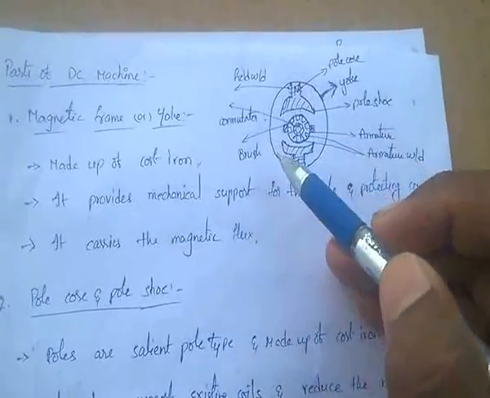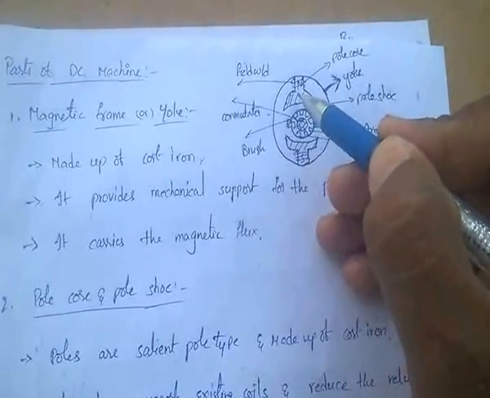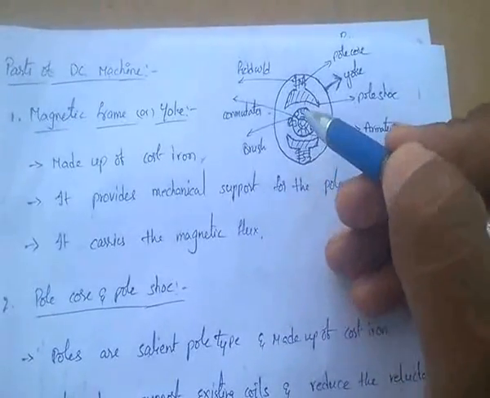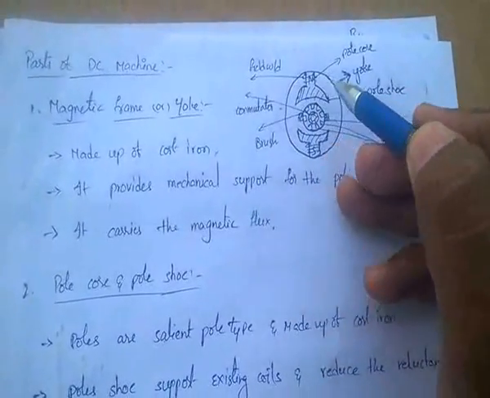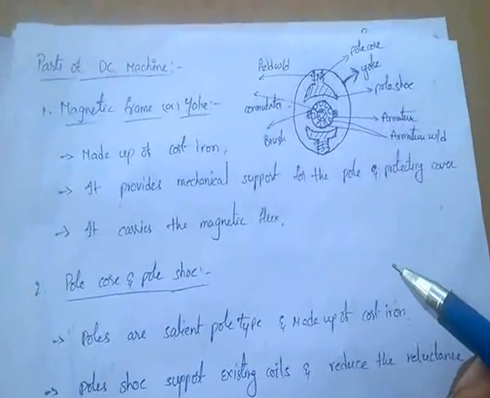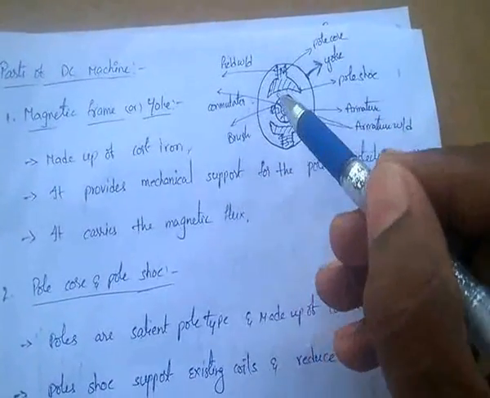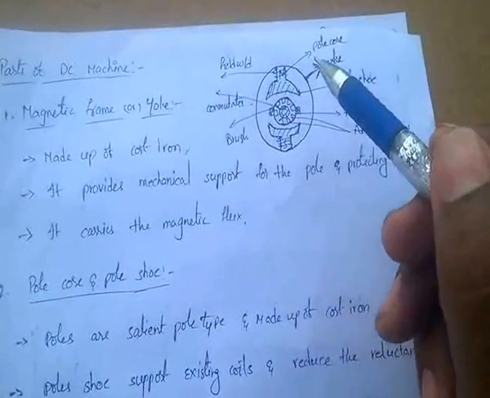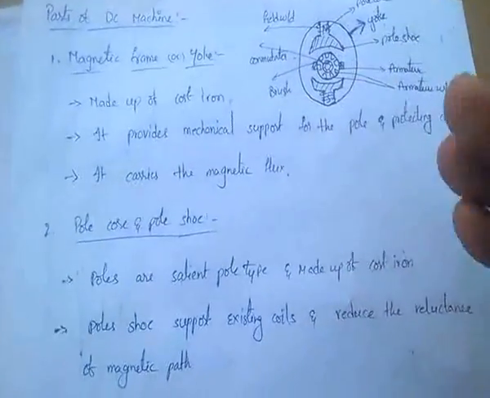It also carries the magnetic flux. That means the magnetic flux produced goes from North Pole to South Pole, and the return path is provided through this yoke.